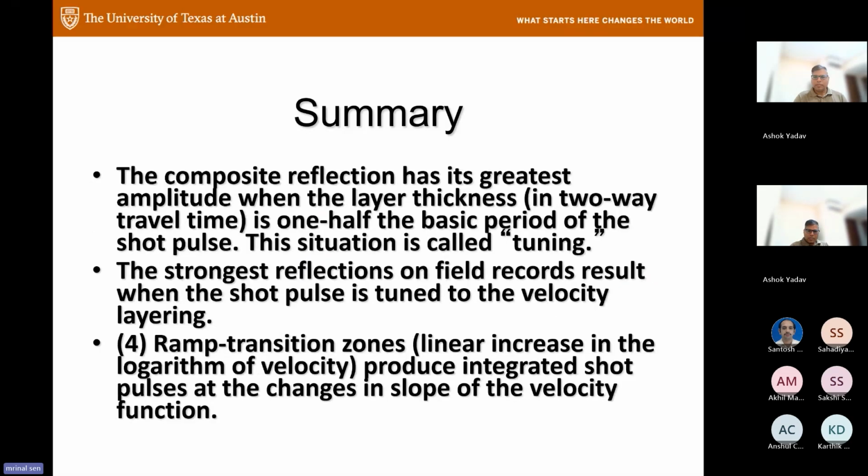Similarly, the composite reflection has its greatest amplitude when the layer thickness is 1/2 wavelength, and the situation is called tuning. The strongest reflections on field records result when the short pulse is tuned to the velocity, and ramp transition zones produce integrated short pulses.